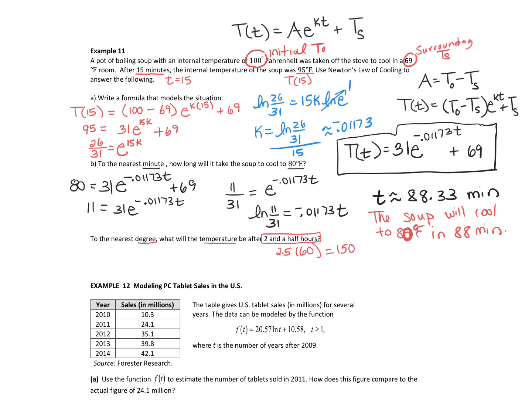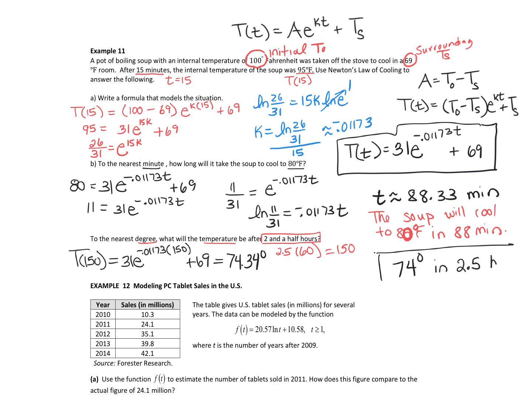So we just need to plug in 150 for our lowercase t, or our time: 31 e to the negative 0.01173 times 150 plus 69, and we're going to get approximately 74.34 degrees, or 74 degrees to the nearest degree in 2.5 hours. So that's an exponential model.